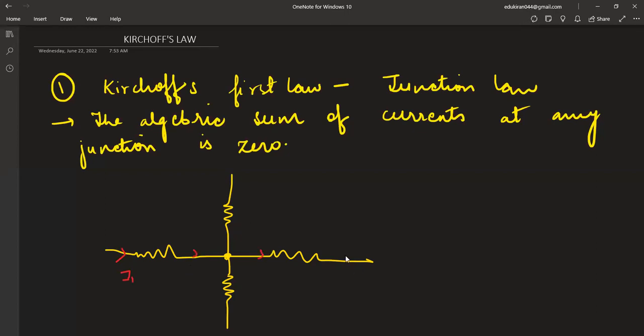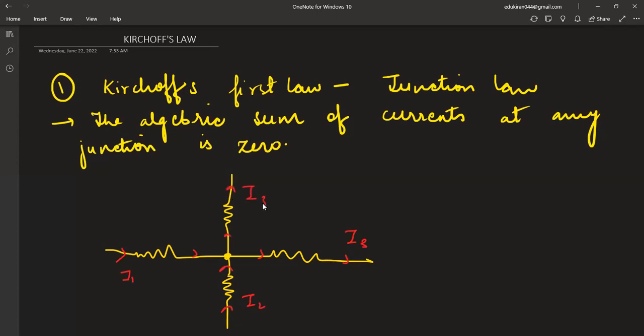Let's say from here, I3 is leaving the junction, right? Or let's say different junctions are made, and this is also exiting. One current is entering from here, that is I2. This one is leaving, this is I3.